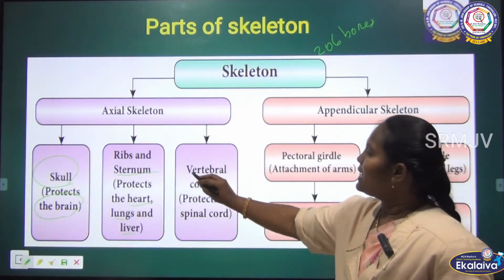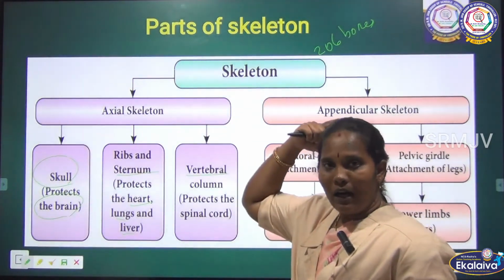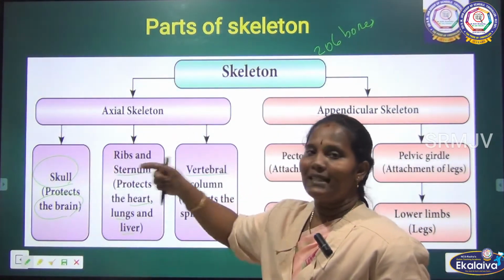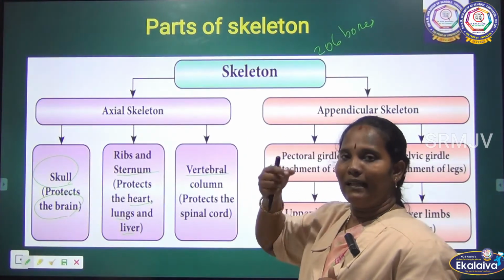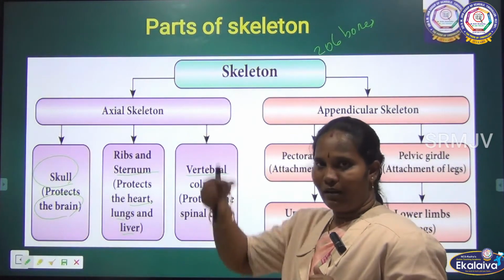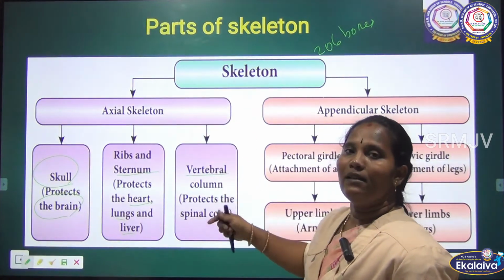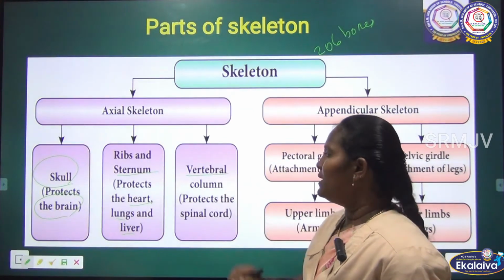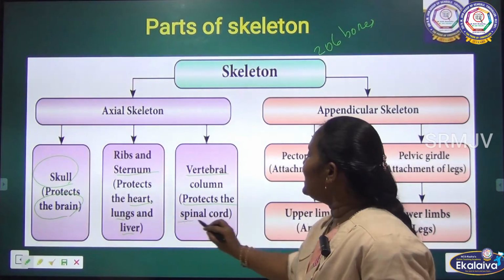After that, the vertebral column. Our skull is at the top, and from the end of the skull down to the hip bone is the central bone, called the vertebral column. This vertebral column protects the spinal cord.